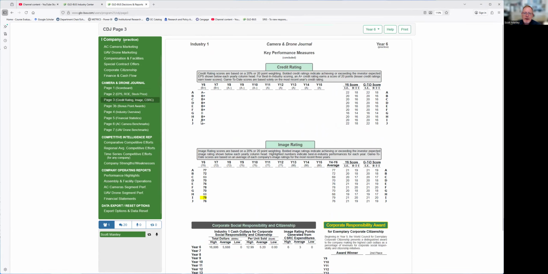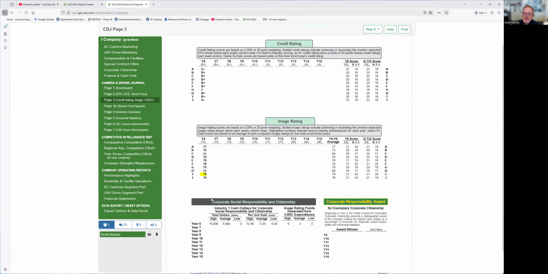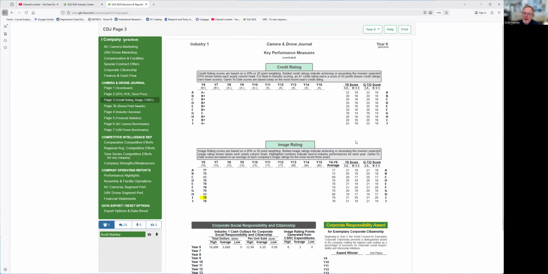My credit rating met the investors' expectations, and my image rating was the best in the industry. So I did pretty well all in the grand scheme of things, but not meeting those market share projections really hurt me because that made my factory sit idle. And that's the reason that I didn't accomplish what I wanted to accomplish.